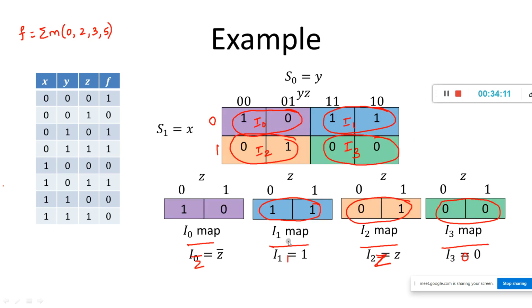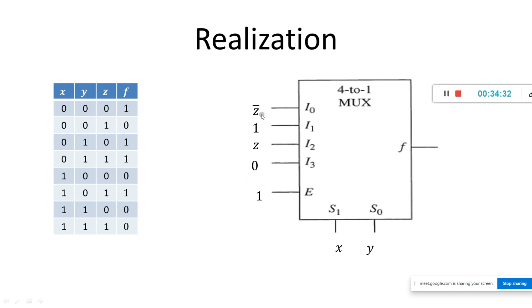Using the I0 map, I1 map, I2 map, I3 map, we got I0 as z bar, I1 as 1, I2 as z, I3 as 0. So z bar, 1, z, 0, the same thing. Enable is 1, xy is placed on the select lines and f is the output line.